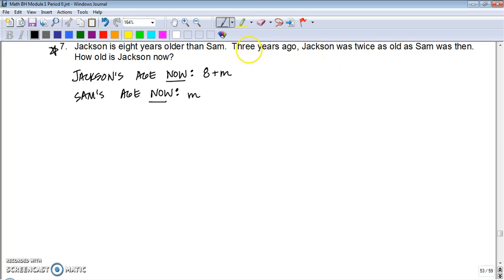And now we're going to write out our equation, which is 3 years ago, Jackson was twice as old as Sam was then. So Jackson's age is equal to double what Sam's age is. And we also need to do 3 years ago, so we're going to reduce this age by 3.